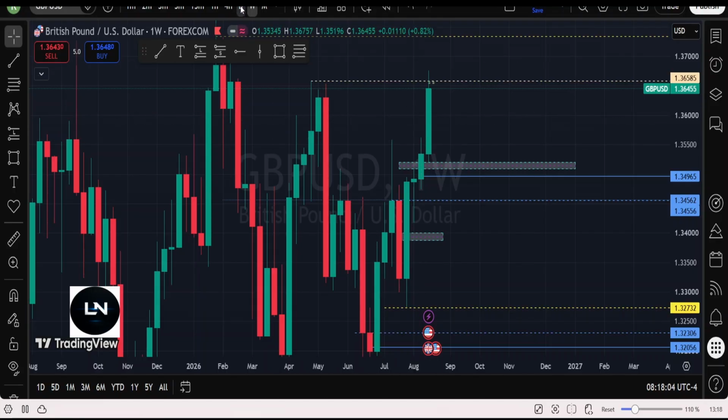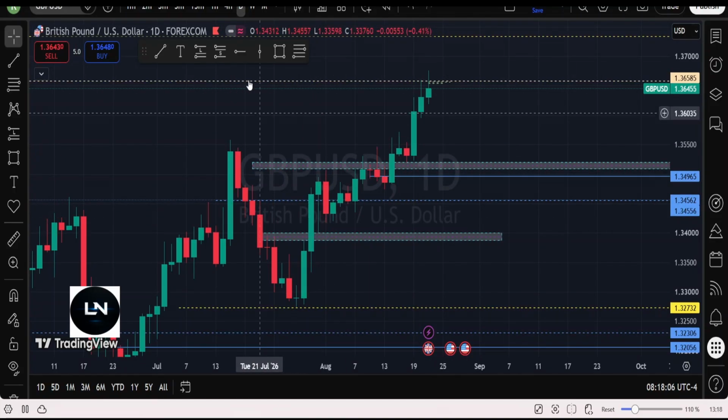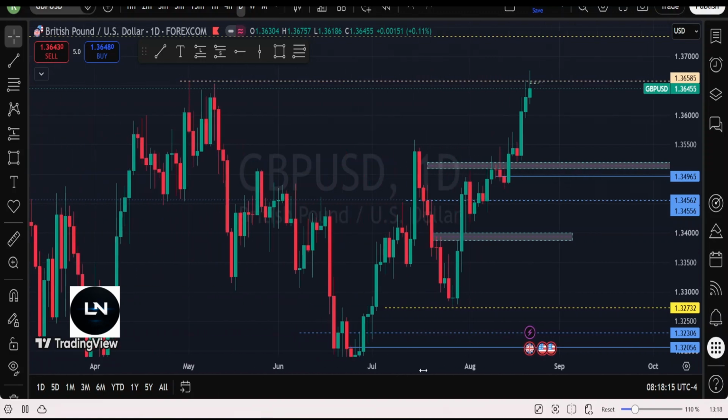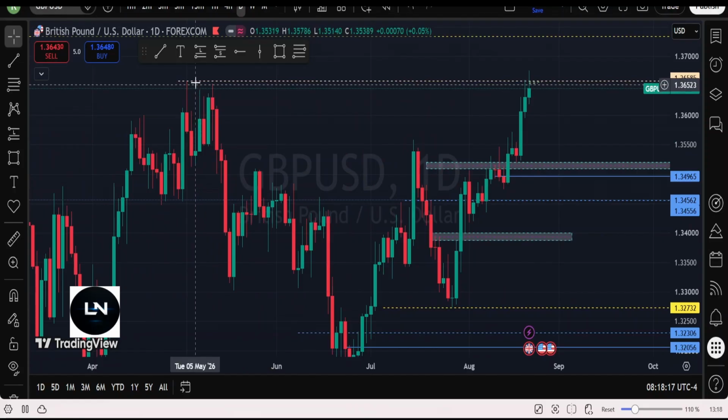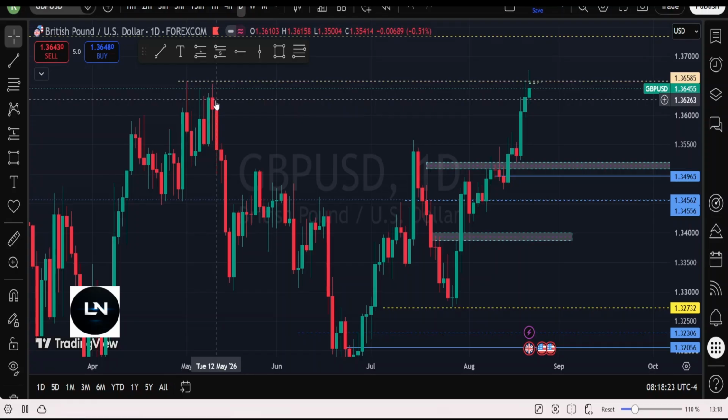So if we drop to the daily time frame, this is where we are. Also, let's see the chart on the daily time frame. All right, the same level that the market ran out on the weekly time frame is also what we know as a double top in normal chart language. They call this area a double top, right?